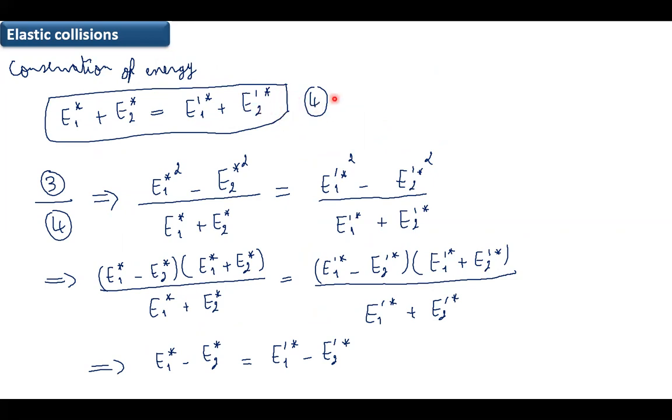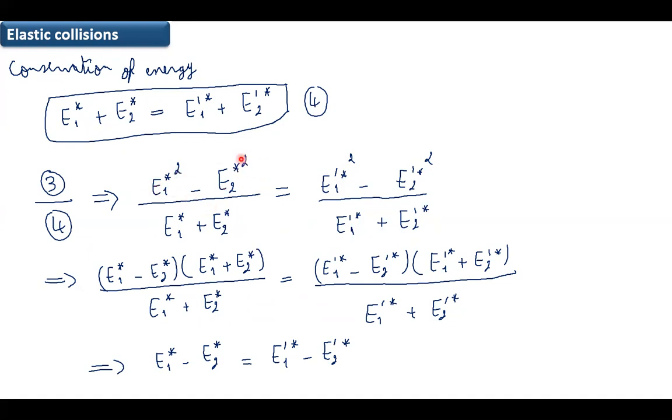If you consider equation number 4 with equation number 3 in the previous slide, and you divide equation 3 by equation 4, we have E1 star squared minus E2 star squared over E1 star plus E2 star, that is equal to E1 prime star squared minus E2 prime star squared divided by E1 prime star plus E2 prime star.